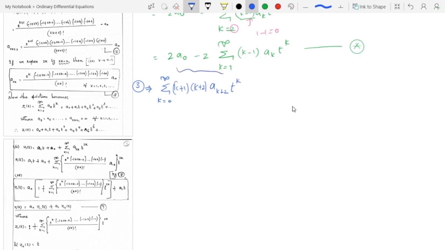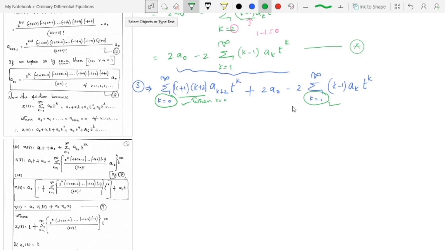The last two terms are replaced by equation star, that is 2a0 minus 2 times the summation k varies from 1 to infinity of (k minus 1) a_k t power k. Here k varies from 1 to infinity, but in the first term k starts from 0 to infinity. To make both the same, that is the same starting point from 1 to infinity, extract k equal to 0 from this term.